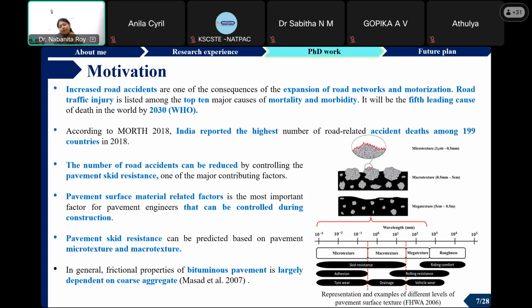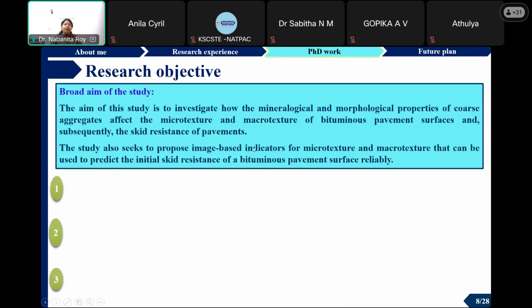Here also, from the diagram given by FHWA 2006, you can see that pavement skid resistance can be predicted from the microtexture and macrotexture of the pavement, right?